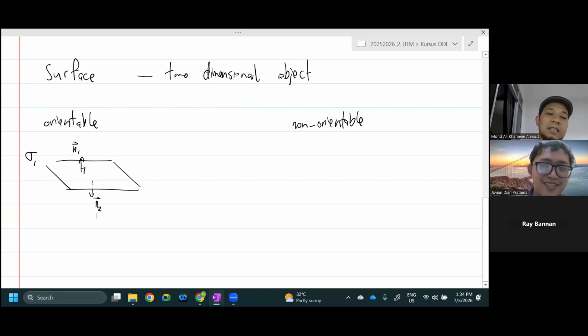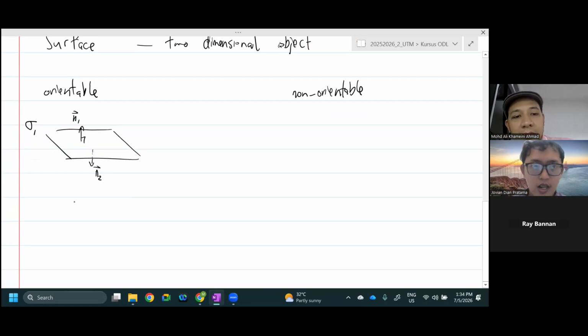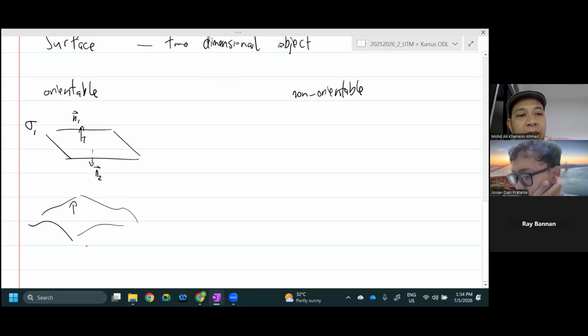So we call the surface sigma 1 an orientable surface.